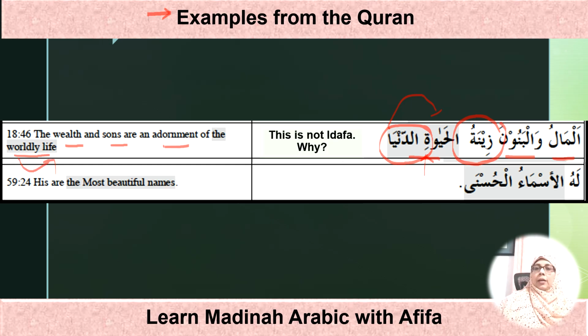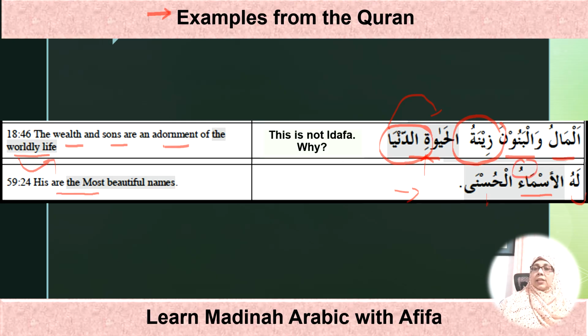And in the next example, lahul asma'ul husna. It means his are the most beautiful names. So lahu is your khabar of the sentence, the predicate which preceded, and al-asma'u is the mubtada, or the subject of the sentence, and it's marfu'un with the dhamma.